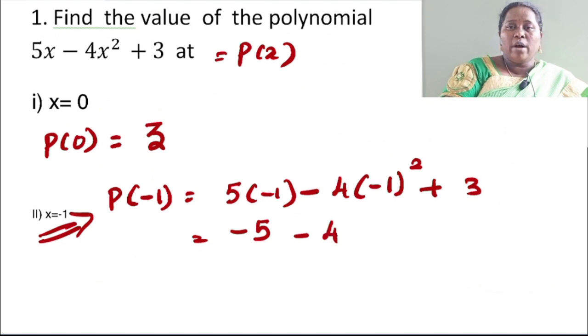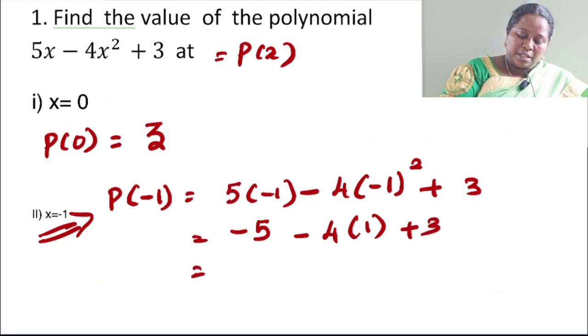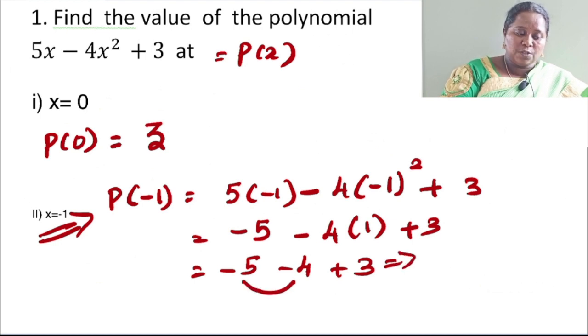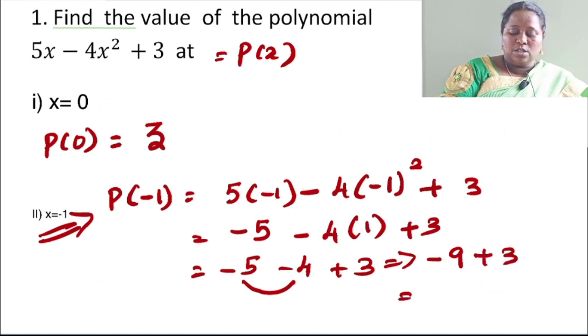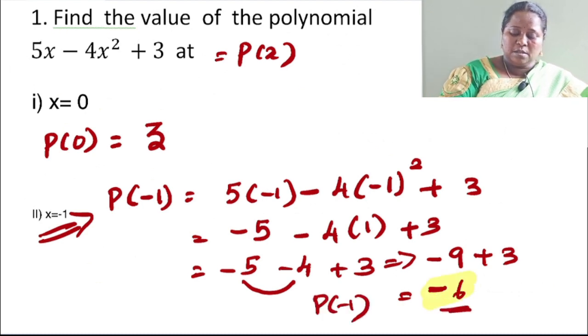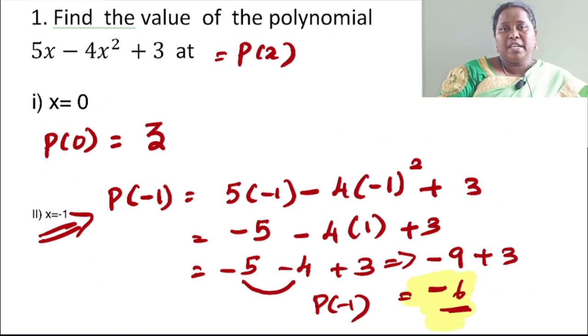Minus 4 into minus 1 the whole squared: minus 1 squared is 1, so 1 into 1 is 1. So now I get minus 5 minus 4 plus 3, that is minus 9 plus 3. The bigger number has the negative sign, so I have to write the negative sign. 9 minus 3 is 6. So p of minus 1 is equal to minus 6.